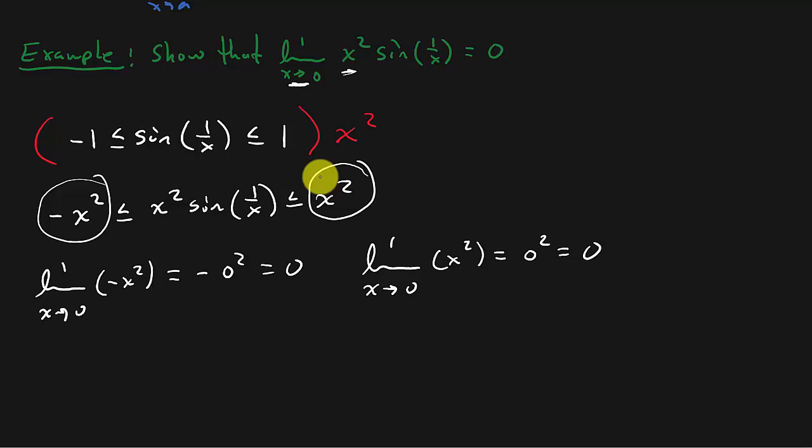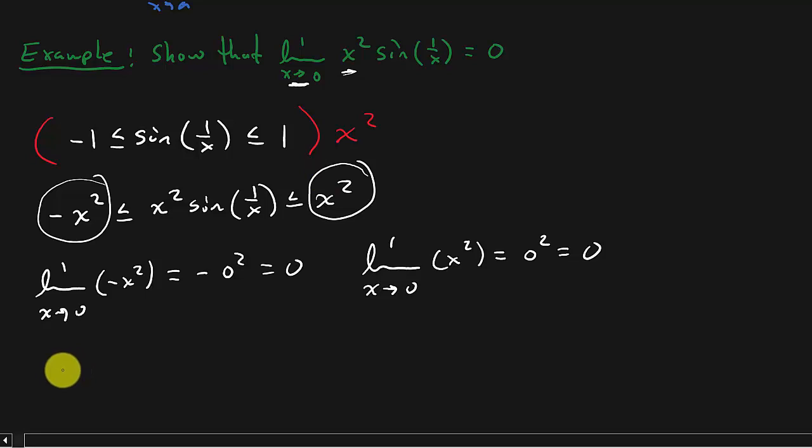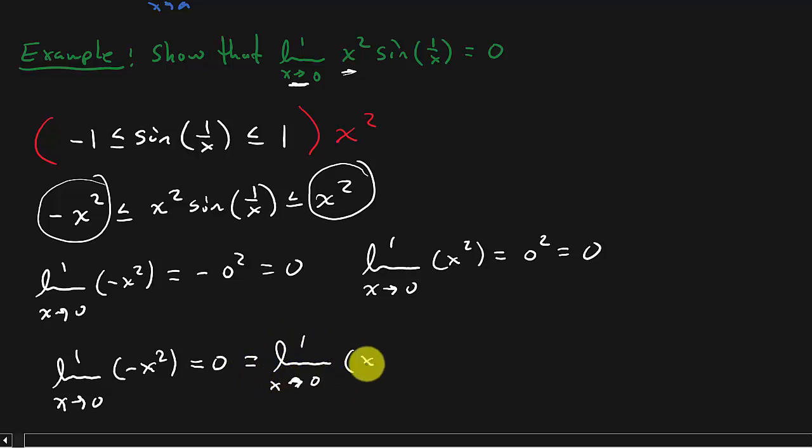So we've got the limit as x goes to 0 of -x squared is equal to 0, which is equal to the limit as x goes to 0 of x squared.